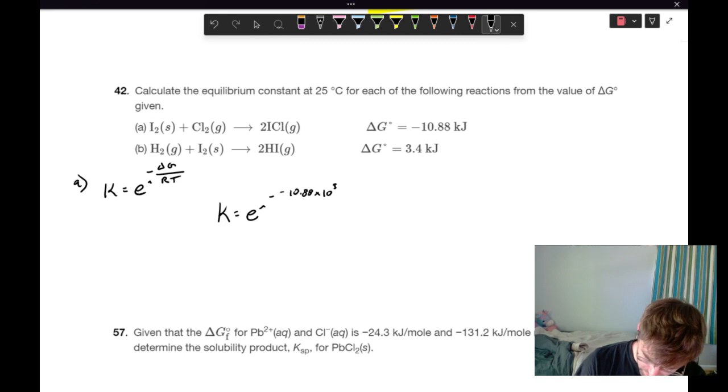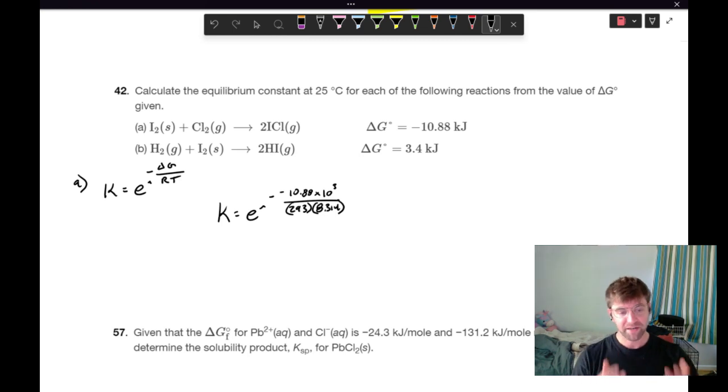So just times 10 to the third divided by, we're at 25 degrees Celsius, so 293, and our R constant, 8.314. Be careful putting this in the calculator, but you can just hit second ln, and that'll give you e raised to the power of automatically.